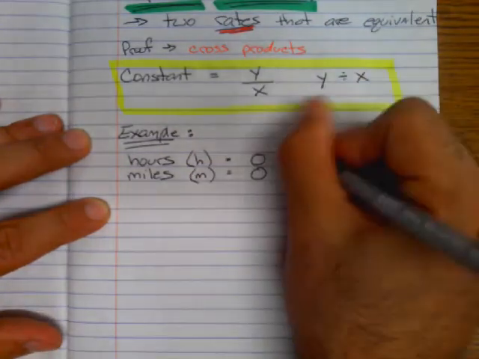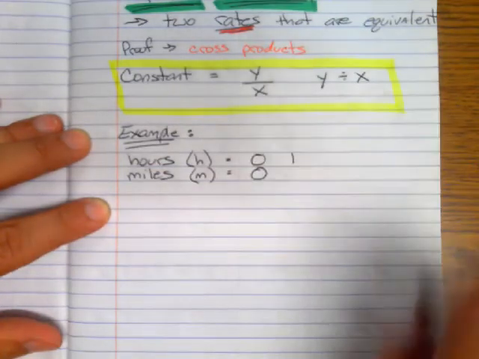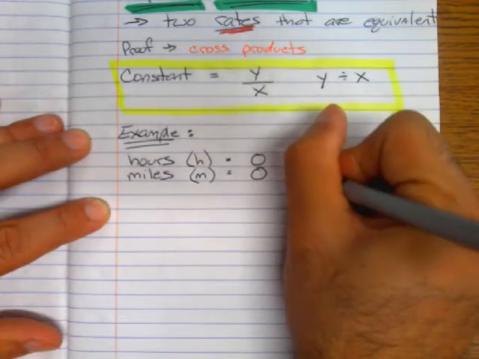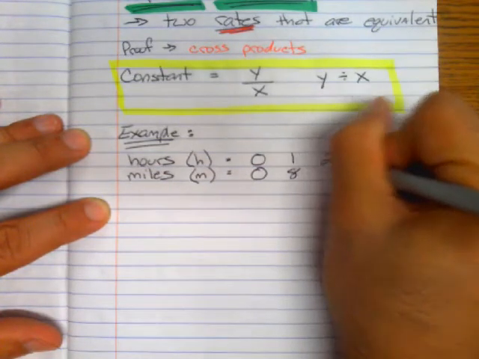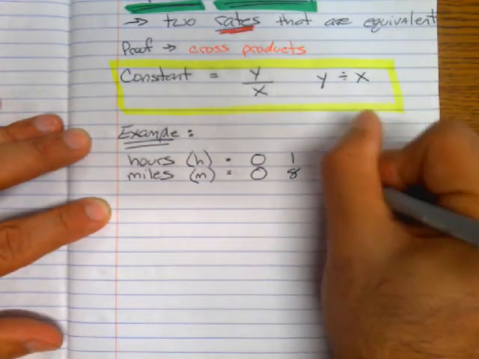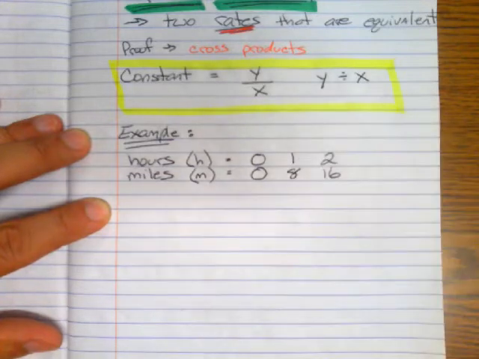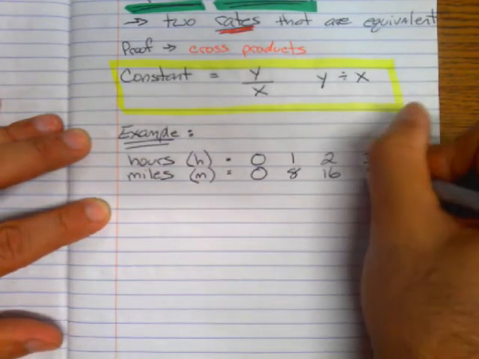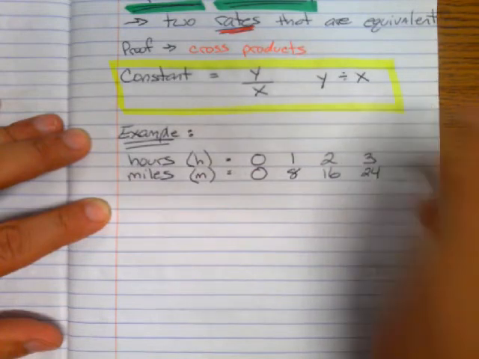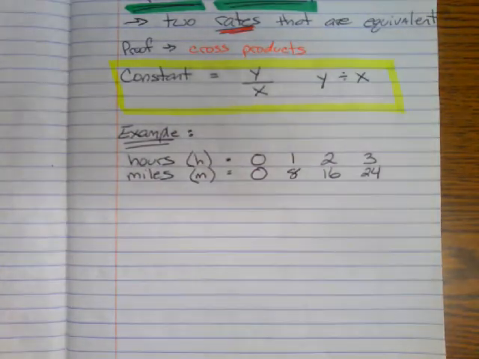And in this case, we'll say if I travel 1 hour, we're going to go 8 miles. 2 hours will be 16 miles. And 3 hours will be 24 miles. All right.